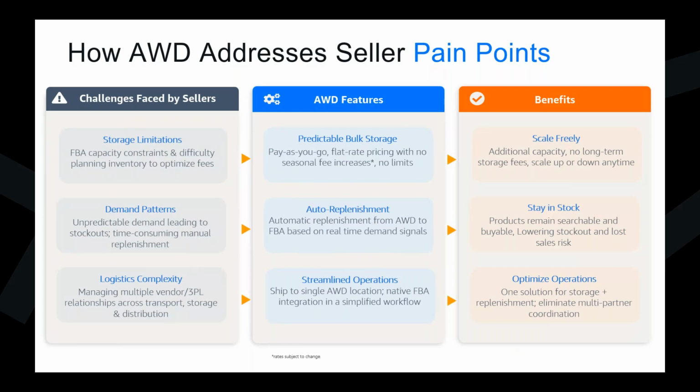Everything will be replenished as quickly as possible, so everything will appear buyable from a customer perspective, lowering your stock out and loss of sales risk. For the streamlined operations, you're optimizing your operation because you just have one single solution for storage and replenishment, and you eliminate the multi-partner coordination, which can bring a lot of risk into your business.